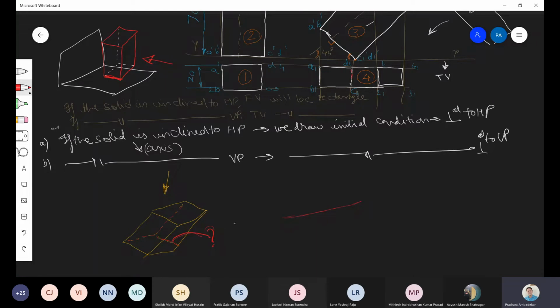Only this line will be a dotted line. All other lines will be continuous lines. Clear to all of you? Any other doubt? Yes, sir. Clear.